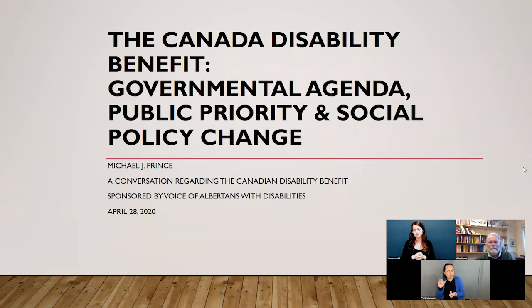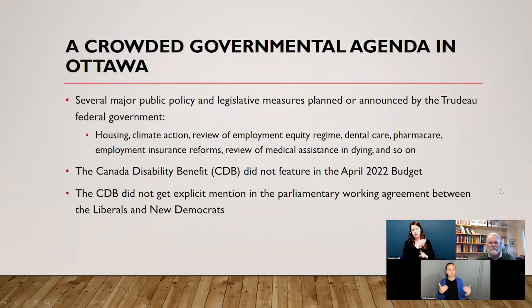What does it represent in terms of a shift or a change in direction in how we provide income assistance or financial support to people living with disabilities in Canada? So if we go to the next slide, please.